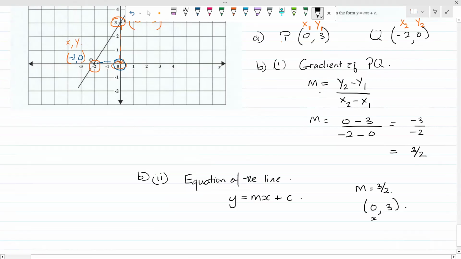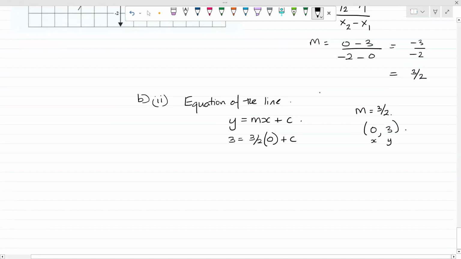So this will be my x and this will be my y. So we could substitute these values here now, right? Y is 3. M is 3 over 2. X is 0. And well, we don't know what C is as yet. Anything multiplied by 0 is going to give me 0. 0 plus C will give me C. So the value of C is 3.